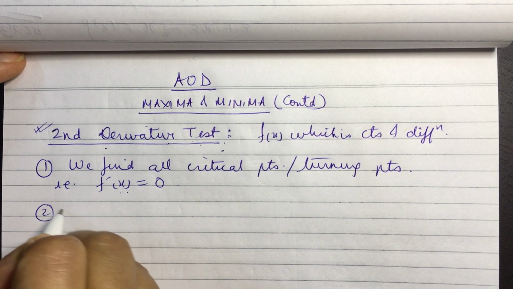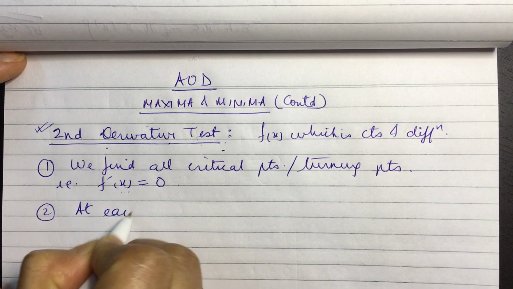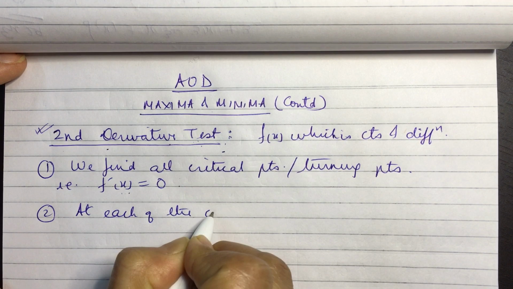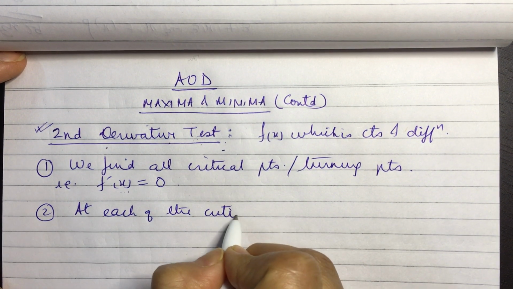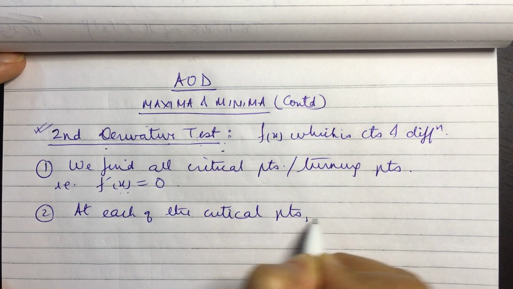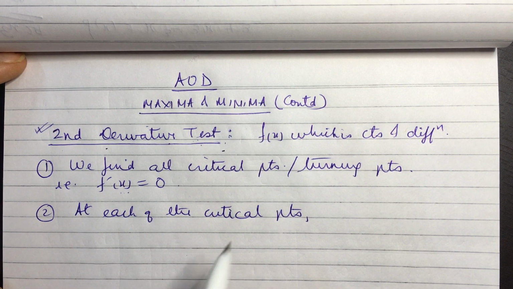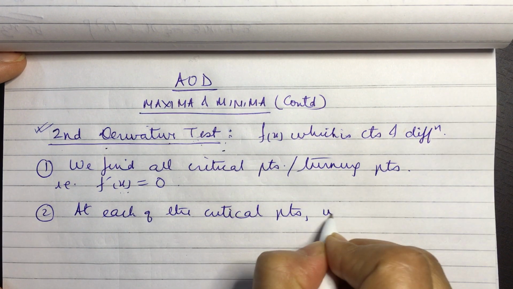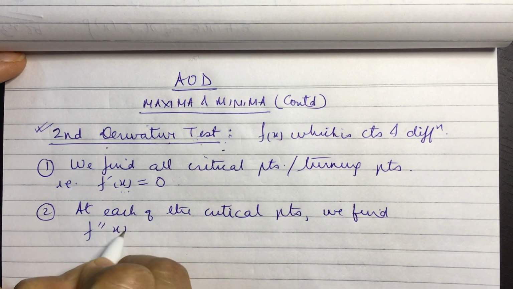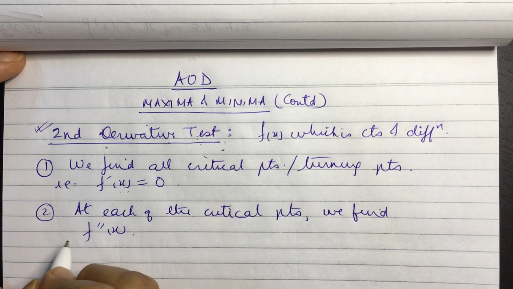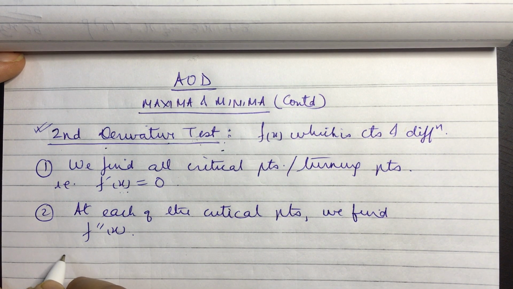Second, at each of the critical points obtained by putting f dash x equal to 0, we find f double dash x, and then we do the analysis as under.